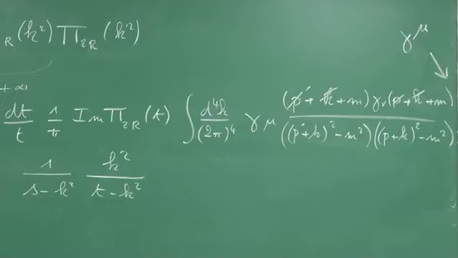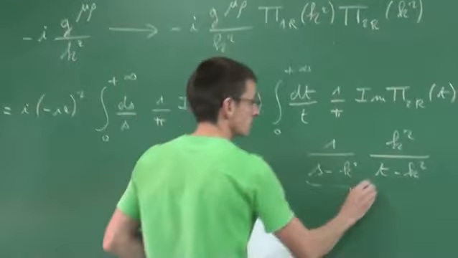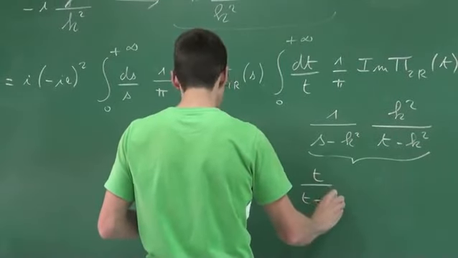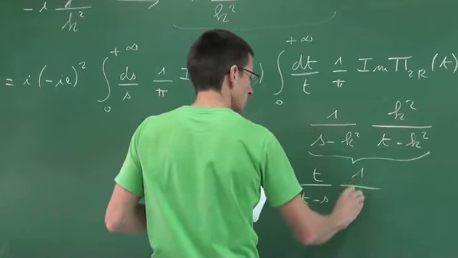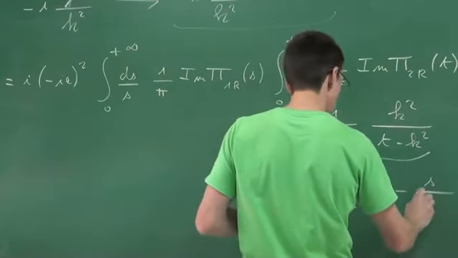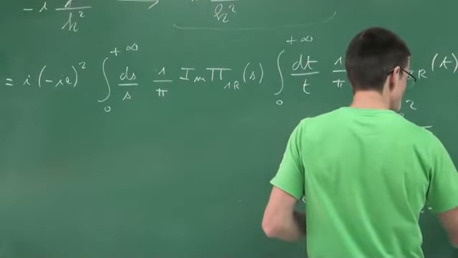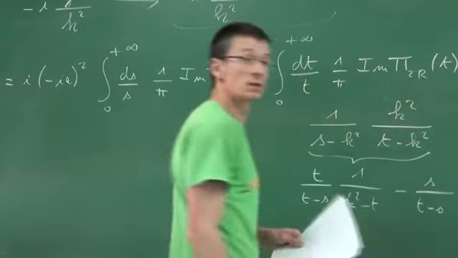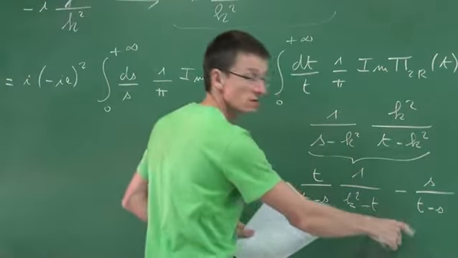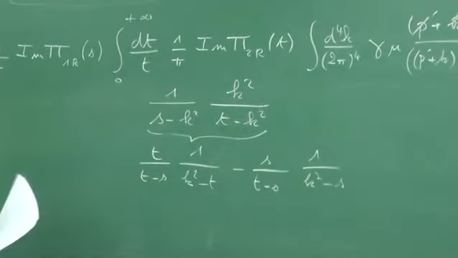What you do is to express this object as t minus s, 1 over k squared minus t, minus s over t minus s, 1 over k squared minus s. Then we will have two integrals, each with your massive photon propagator.